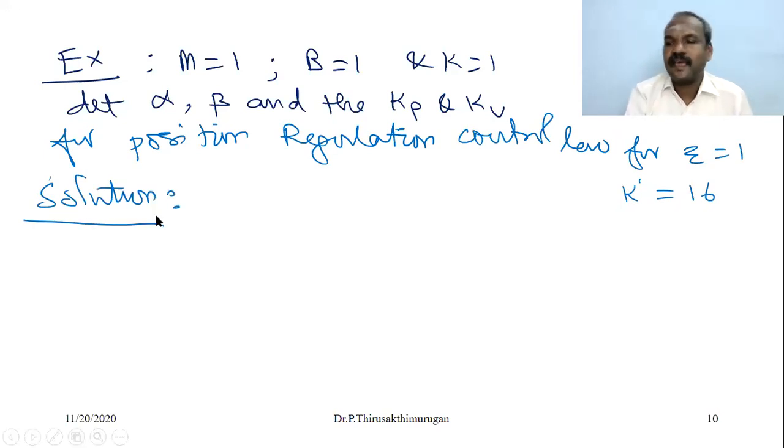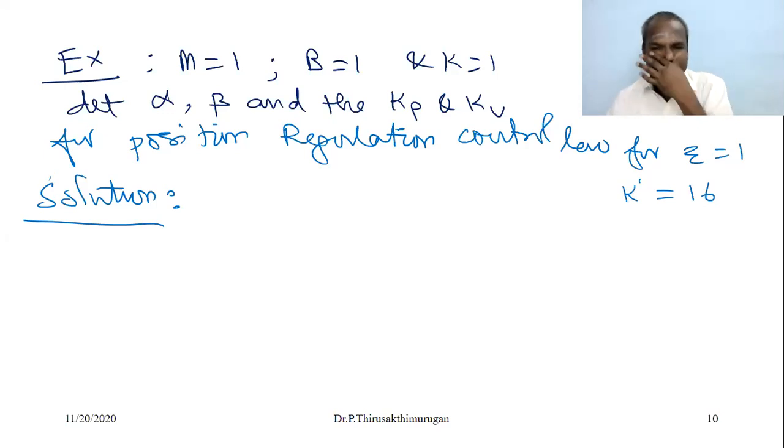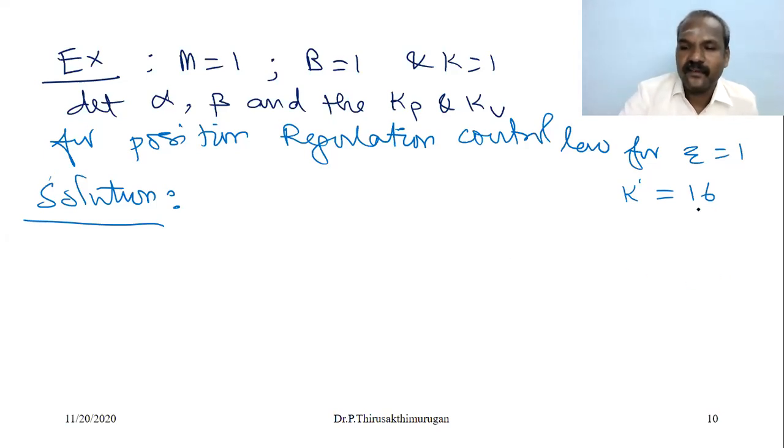What is given here? We have to find alpha, beta and Kp and Kv. So stiffness K dash is given. K plus Kp equals K dash, right?